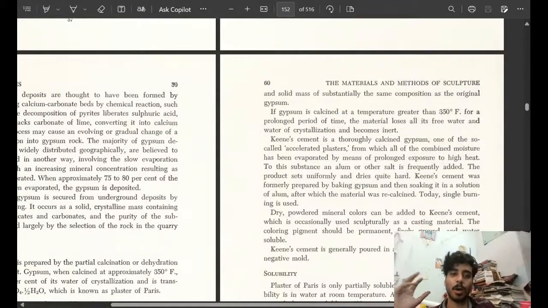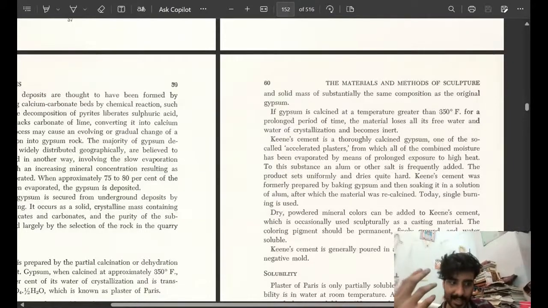So basically, the original gypsum is already complete in its own form. But then what we do is heat it up to around 350 degrees Fahrenheit, so all the water present in the gypsum gets evaporated and it gets calcined.